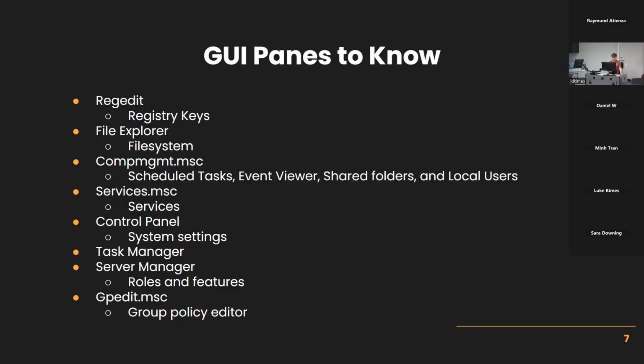Services is how you view services in Windows, pretty self-explanatory. In Windows, services are essentially just executable programs that are set to run and have their execution handled by Windows.